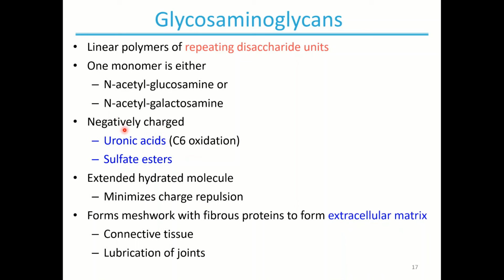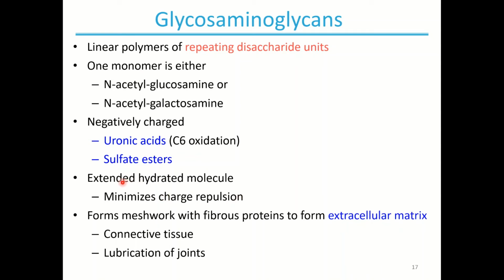They're negatively charged. They have either uronic acids at carbon 6, which would just be an oxidation at carbon 6, or they contain sulfate esters. So both chitin and agar can kind of fit this bill. We've seen examples of these things in those.